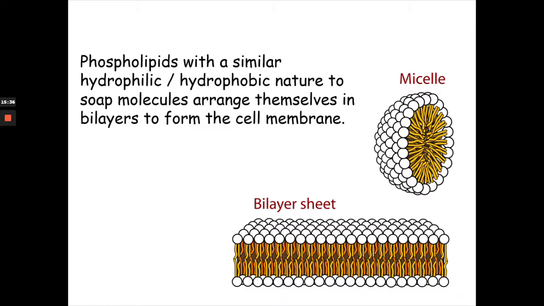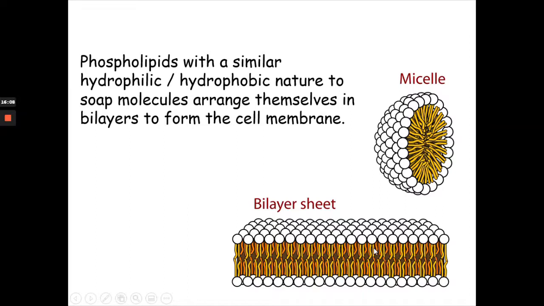So another point of interest, you don't need to know this at all, but biologists might have learned a little bit about the structure of the cell membrane. The cell membrane of our cells in the body is composed of something called a phospholipid bilayer, and the phospholipid molecules have a similar structure to soaps. They have this hydrophilic head and hydrophobic tail, and that allows the formation of this bilayer sheet, which is essential.